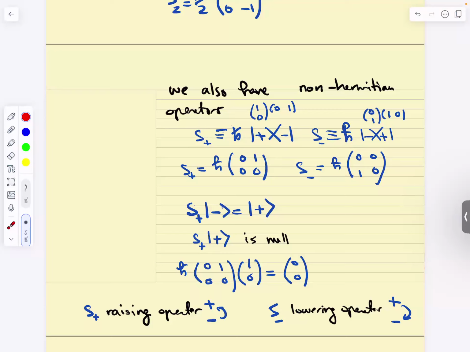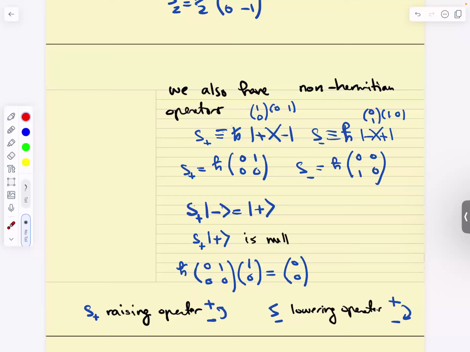Good? So now let's see how these operators act. When S plus acts on ket minus, it takes the eigenvector that corresponded to minus h bar over 2 to the eigenvector that corresponds to plus h bar over 2.